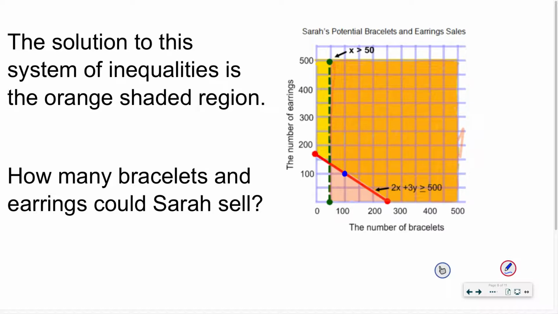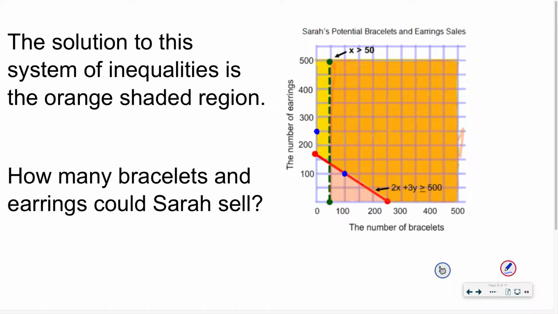Zero earrings. How many bracelets? 250. Does that work? Oh wait, I'm not on zero. Sorry. Does that work? Why is that not a solution? 250 earrings and 0 bracelets.